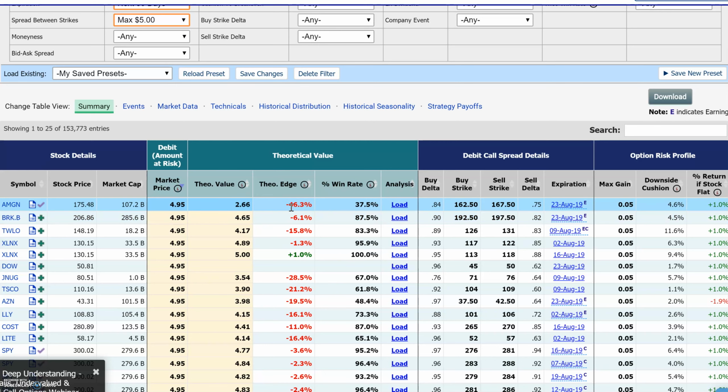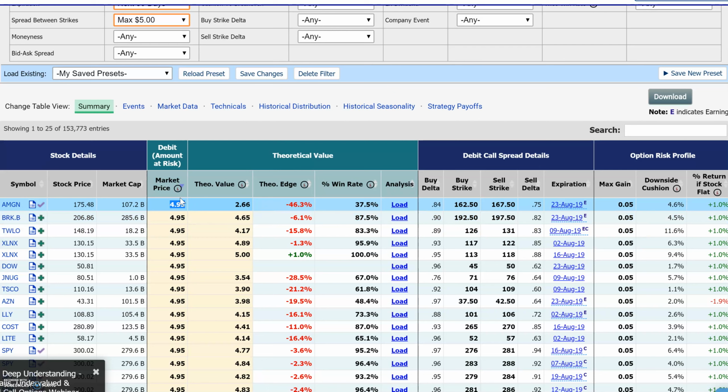So here we see that there's a negative theoretical edge, because this is the market price. When you're buying the call spread, if it's worth below that, then you have a negative theoretical edge. Here's the historical win rate based on the current market price. And over here we have your max gain.